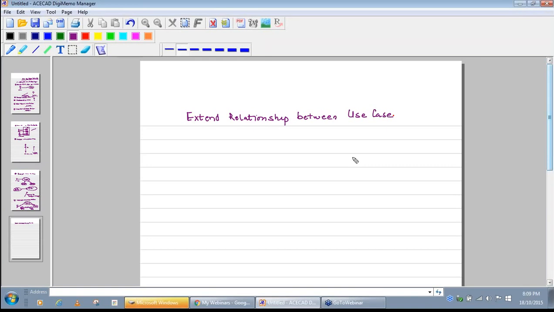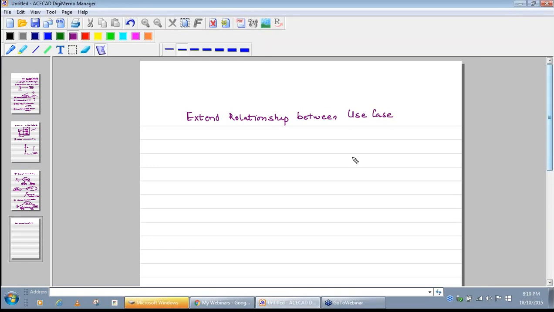Sometimes one use case can optionally, not invariably, extend its functionality to another use case. The use case which is extending its functionality optionally to the other use case is known as the extending use case, and the use case which receives this functionality is known as the extended use case.